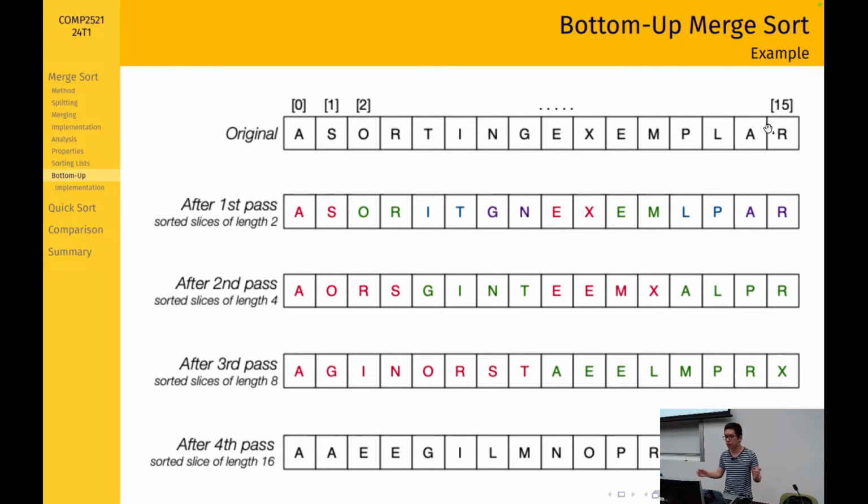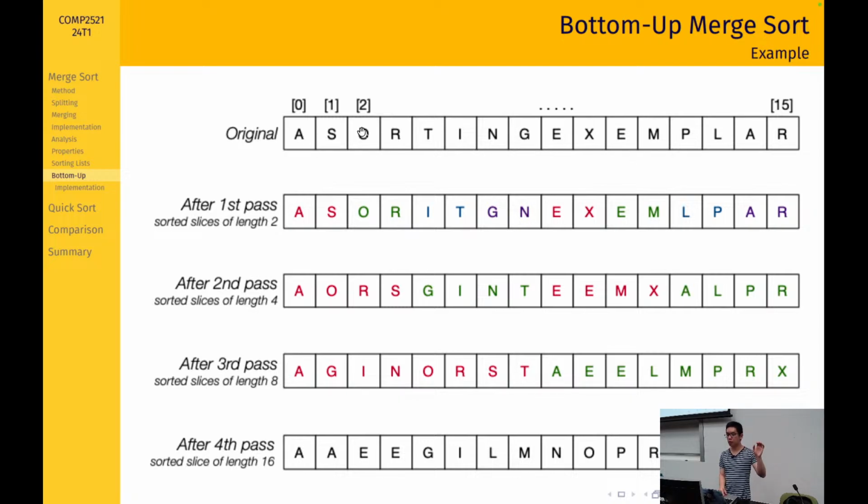It's not sorted, so bottom-up merge sort says we're starting with, in this case, 16 sorted subarrays of size 1. Obviously, if you have a single element, then that's considered to be sorted by default. Then the first thing it does is take adjacent pairs of elements.